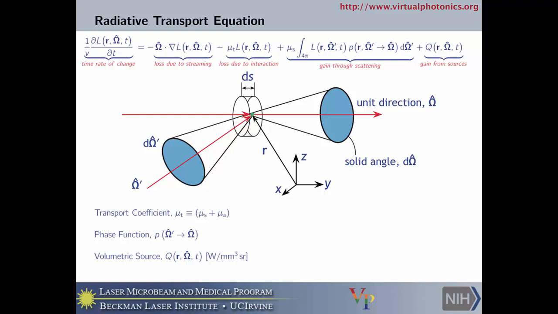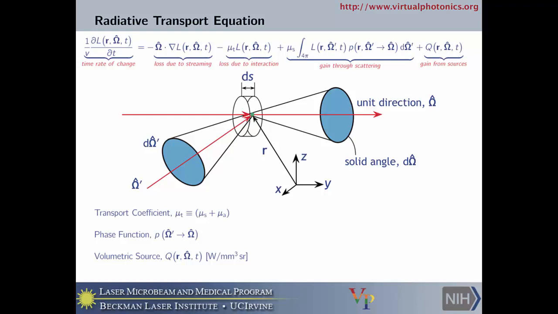So just for that last source term in the radiative transport equation, if your spatial location is inside the tissue volume, that would be a source actually inside the tissue, such as from fluorescence, rather than a source at the surface of the tissue. But if you have a source coming from the outside of the tissue, it induces a source within the tissue, right?